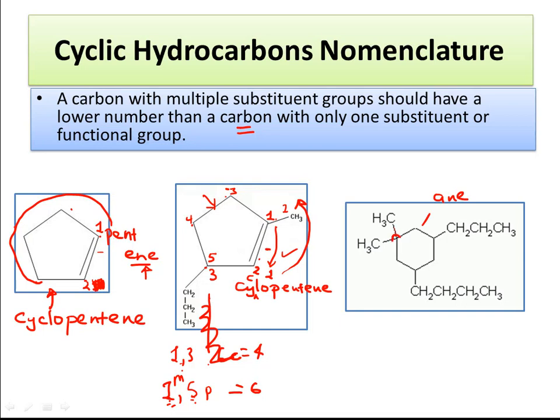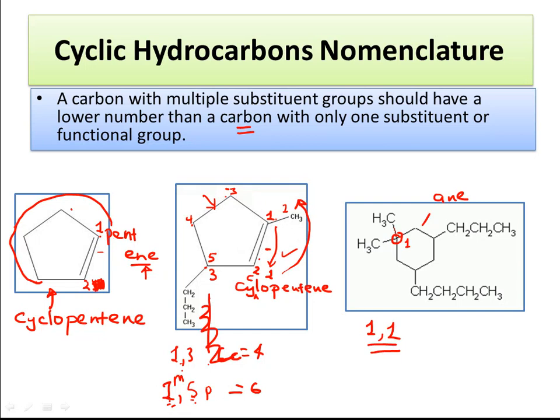This carbon here has got 2 methyl groups sitting on it. And this carbon should be my carbon number 1, because it has got 2 side chains. If this is number 1, I'm going to have 1 dimethyl. So that means I've got the lowest possible number that I can assign to this here.